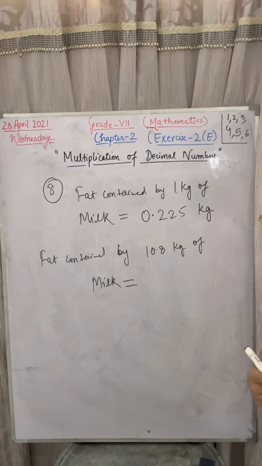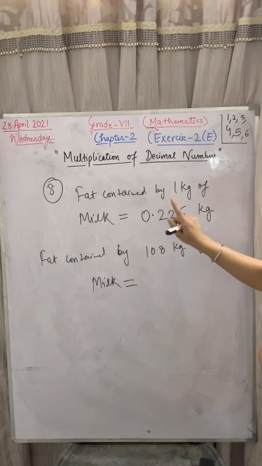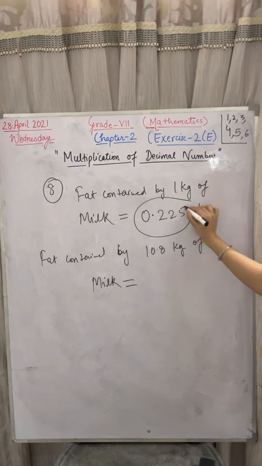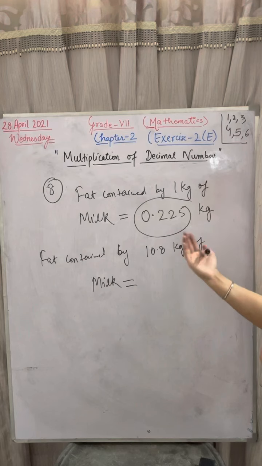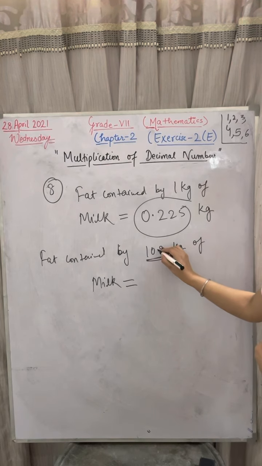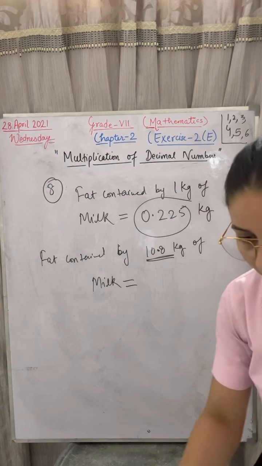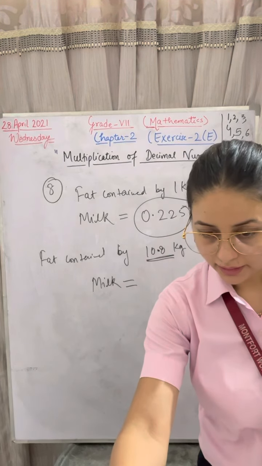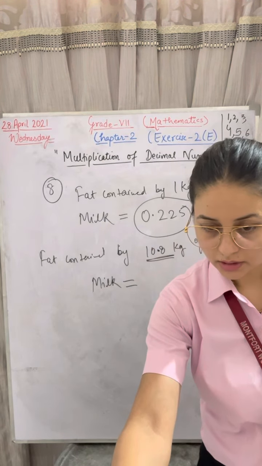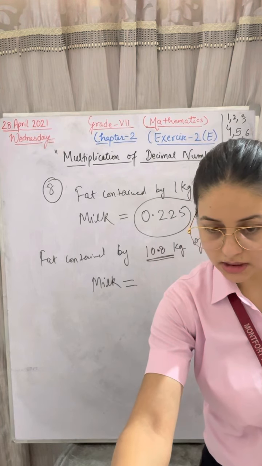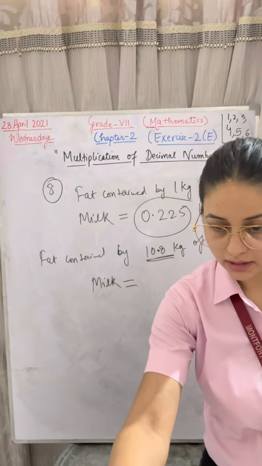Prasan, very good. 1 kg of milk is having this much fat, so they are asking how much fat will be there in 10.8 kg. Do I have to multiply or divide? Rishika, your answer is wrong. Angel Goyal, Ananya, right. Tanvi, right. Bhavishya, right. Shreya, right.